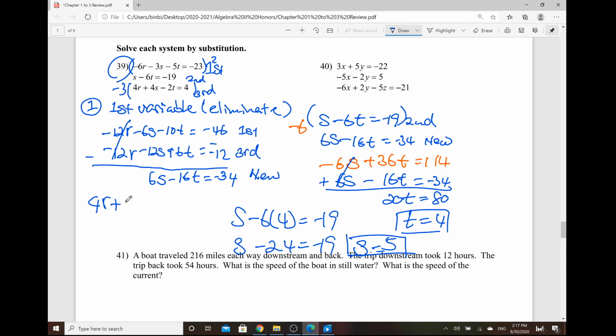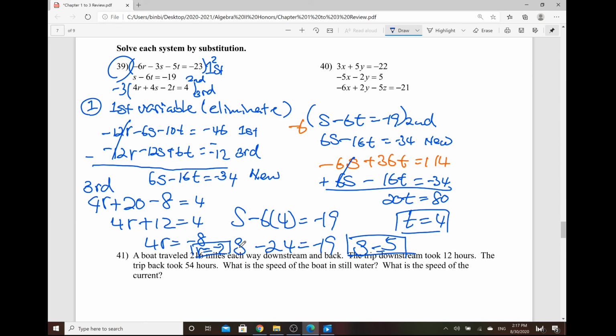So 4 times 5, which is 20. And then minus, again, I'm using the third equation, 2 times t, so 2 times 4, which is what? 8. So that equals 4. So 4r plus 12 equals 4. So 4r equals 4 minus 12, negative 8. So that means r is negative 2.